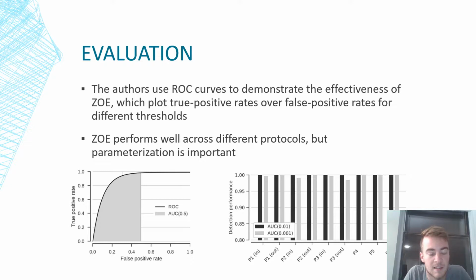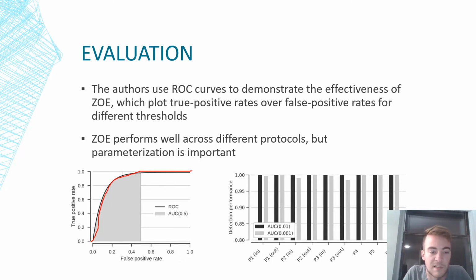So basically, the curve represents different pairs. Each point on the curve represents a different threshold that was used, and then the corresponding false and true positive rates that came from that threshold being used.